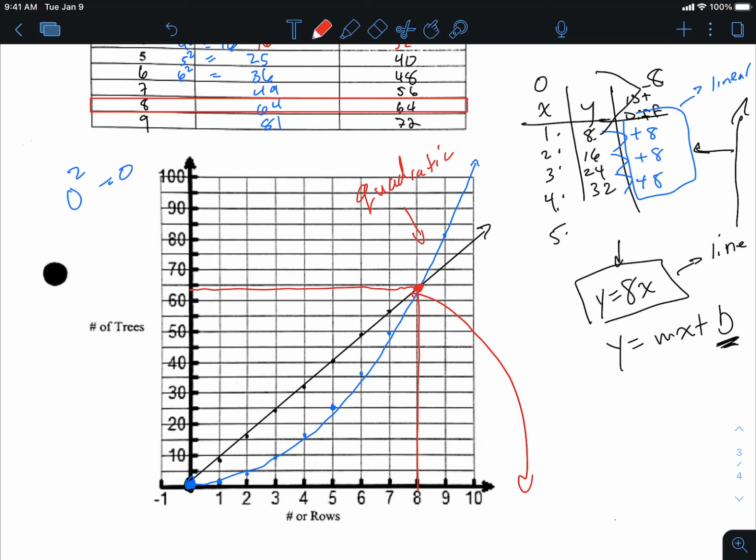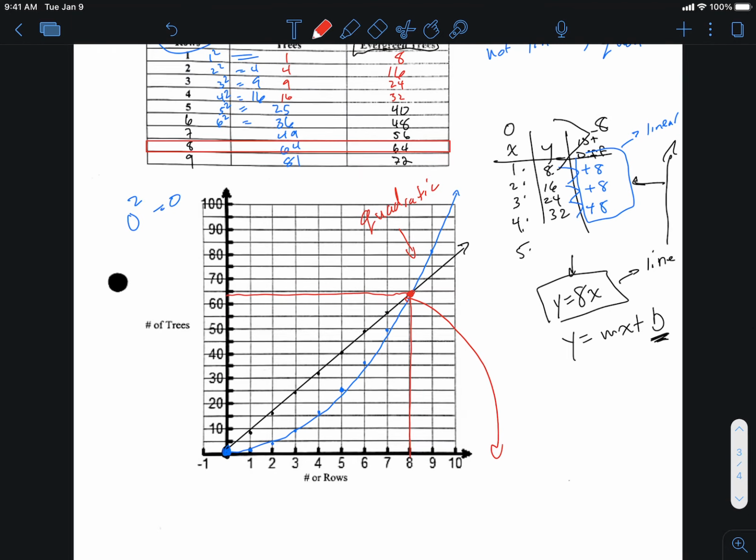Okay, so for stage 9, there would be more apple trees than evergreens. Remember, the blue represents apple trees. On stage 9, there's more apple trees than there are evergreens. Right? The opposite is true for all of the stages below 9.